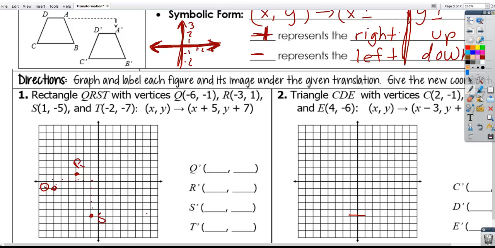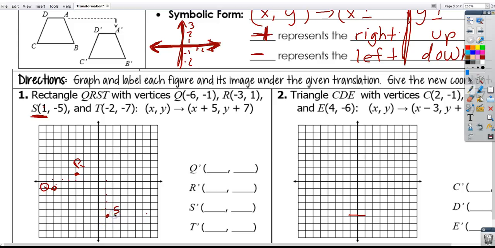Oh no, I graphed my S wrong. So we know I graphed my S wrong because the x value is a +1 and I put a -1. Okay, so I'm going to erase that and redo it. Hopefully you guys didn't make that same mistake. Okay, so S is 1, so go over to 1 and down 1, 2, 3, 4, 5.